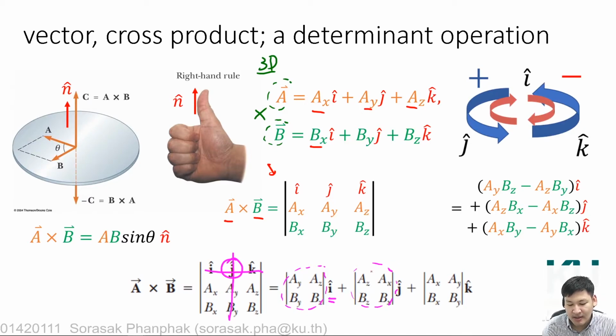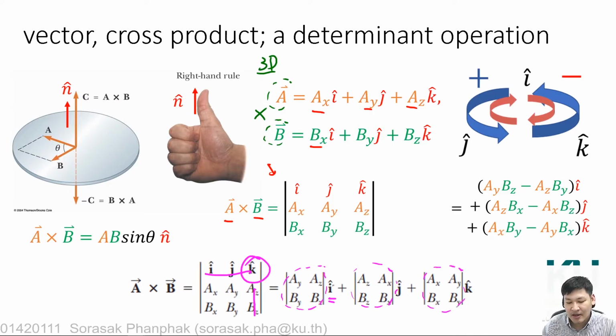That means the determinant has AX, AZ, BX, BZ. Now you can just compute the determinants directly. Or if you would like only k, you cross out the row that belongs to k, so you have AX, AY, BX, BY like this.